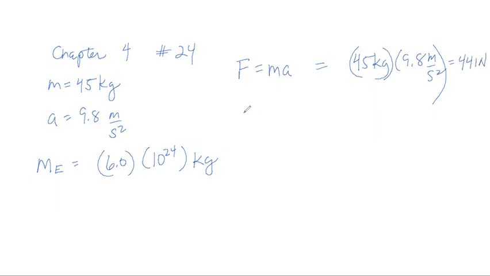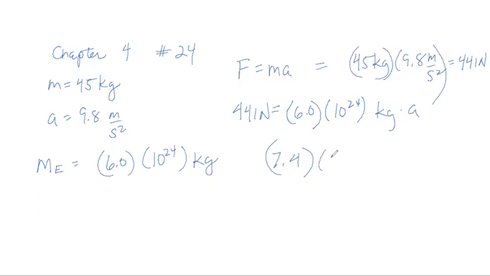And now, this 441 newtons is going to equal 6.0 times 10 to the 24th kilograms times a, the acceleration of the Earth towards her. a is going to be something ridiculously small, but it's going to exist: 7.4 times 10 to the negative 23rd meters per second squared.